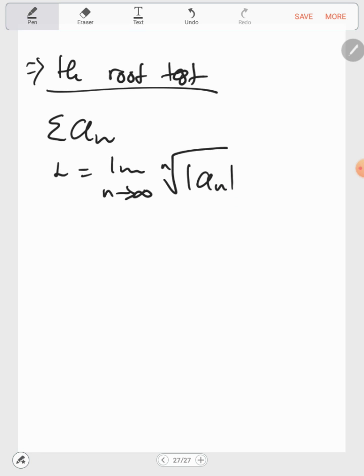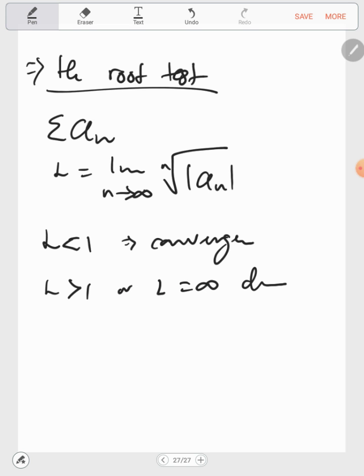Then the series is said to converge if L is less than 1, and if L is greater than 1 or L is equal to infinity, then it diverges. If L is equal to 1, then we cannot tell the convergence of the series. Again, the examples from the module are easy to follow.